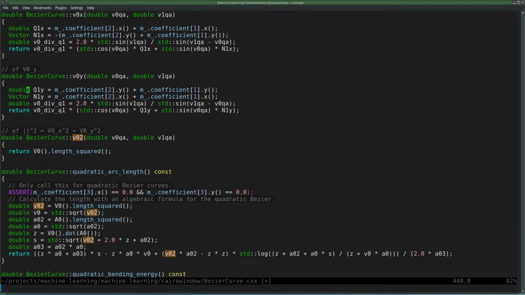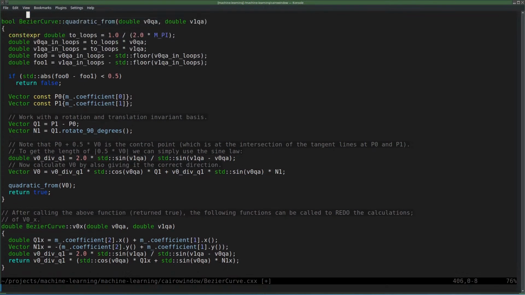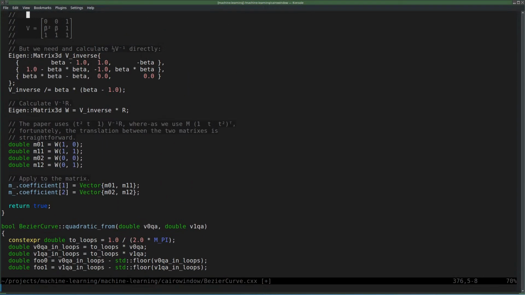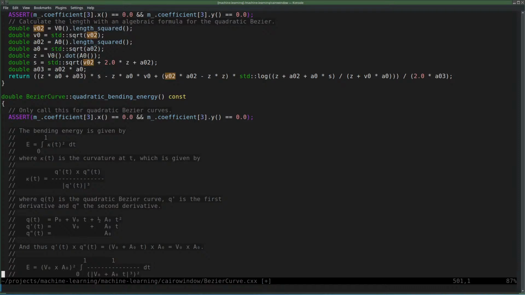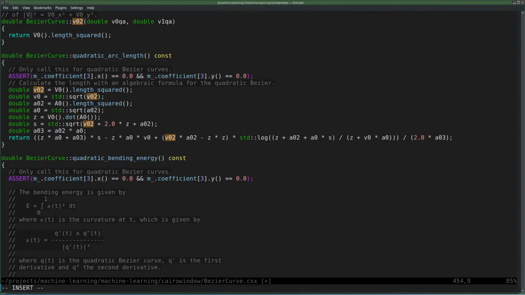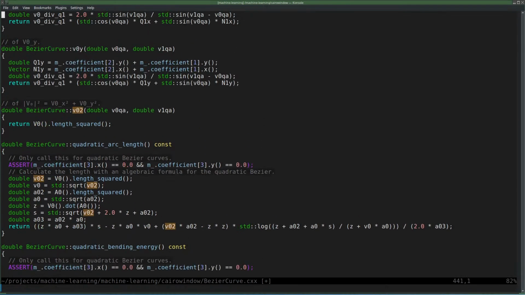There's my comments with nice stuff. Well, here's a square. So the square of the length of v0.